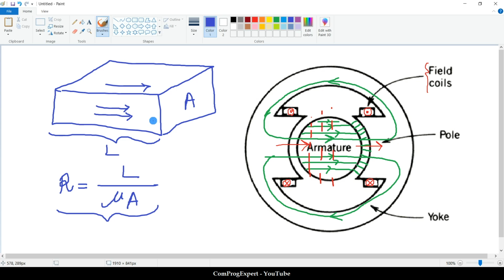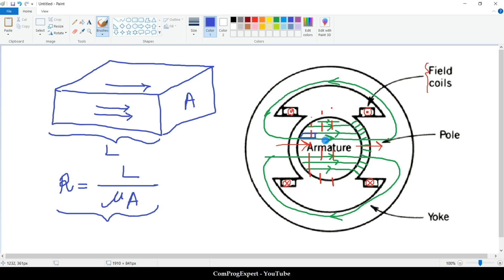But for more complex structures, actually this armature is like a solid cylinder. You can use the integral versions of the equations, calculate integrals, and consider elements. For example, you can consider this as a reluctance, like the models that we have in electromagnetics, right?